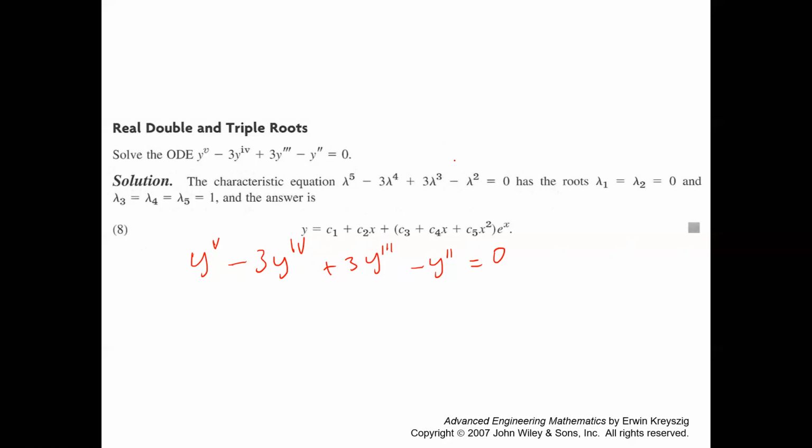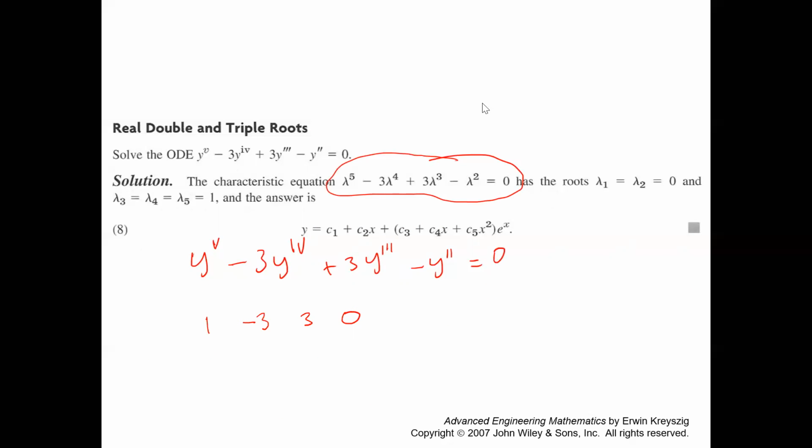The characteristic equation will be like this. If we do synthetic division, we will have 1, minus 3, 3, and then minus 1.